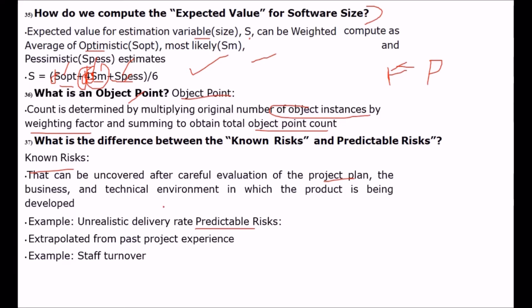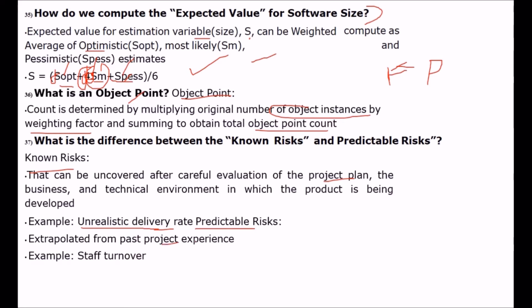If the risks are known or they can be uncovered beforehand, those are known risks. For example, unrealistic delivery rate. You have inspections, walkthroughs and reviews. If you have a Gantt chart in front of you, you can very well find out where we are lagging, and whether we will be able to deliver this product or not. There will be some delay in the delivery. This can be a known risk. And what about predictable risk?